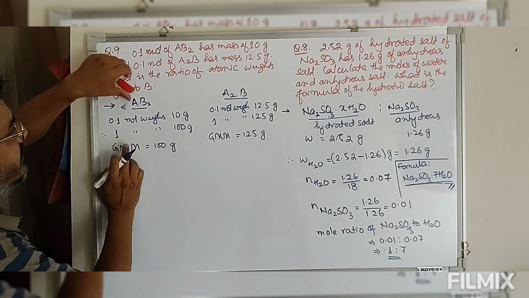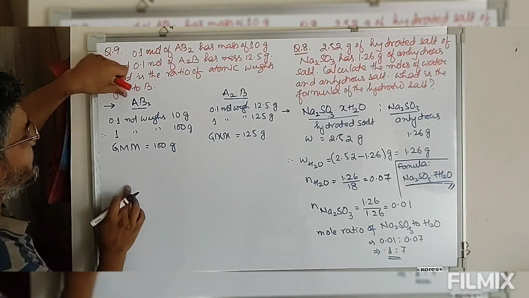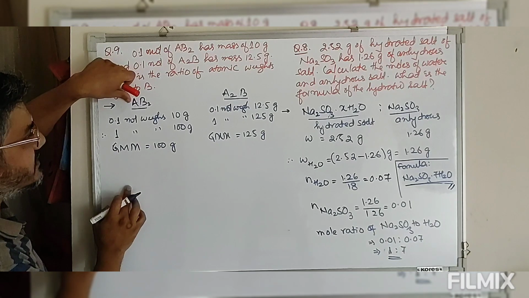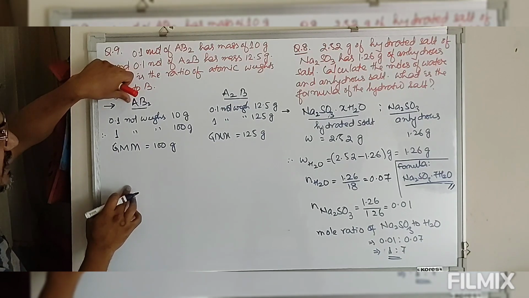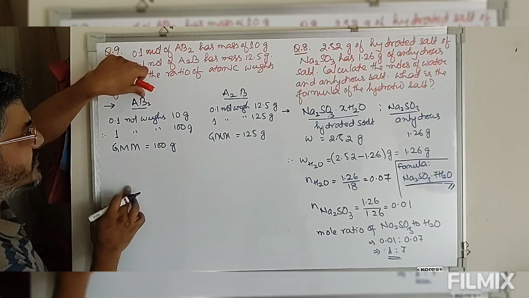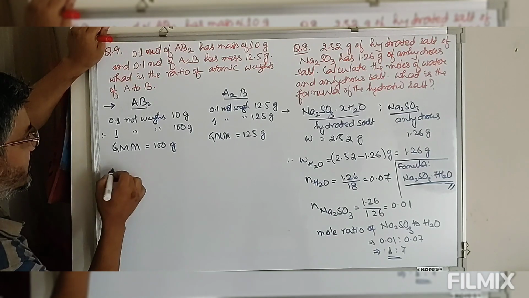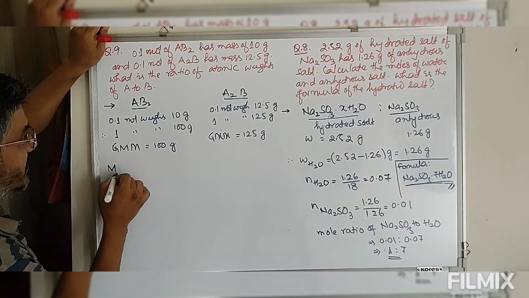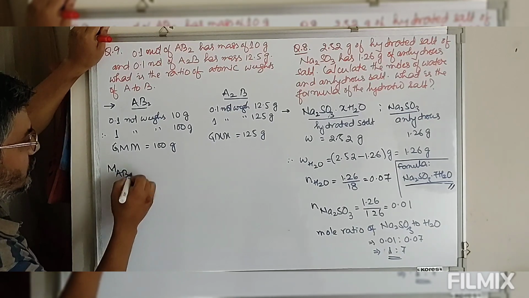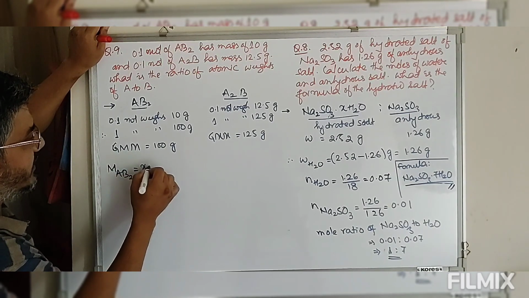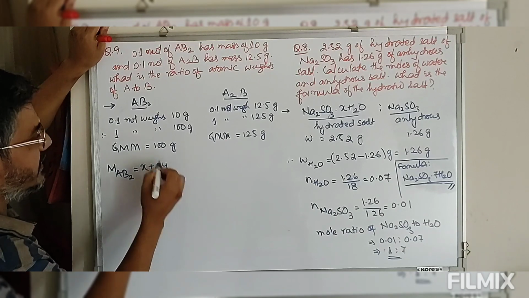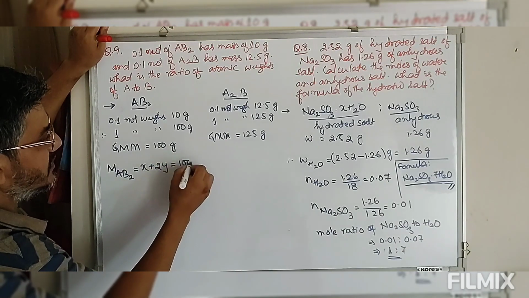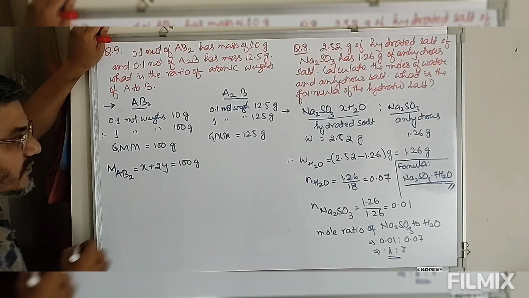Now let's suppose that X is the atomic mass of A and Y is the atomic mass of B. So look at this. The molecular mass of AB2 is equal to X plus 2 times Y, which must be equal to 100 gram.